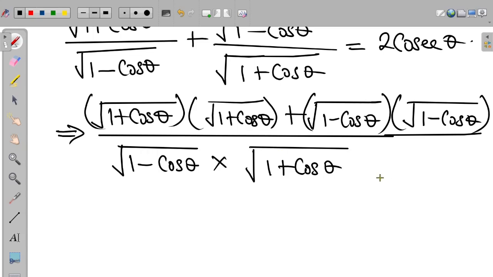Also, from surds, we know that if I have root of a times root of b, this can be expressed as root of ab.